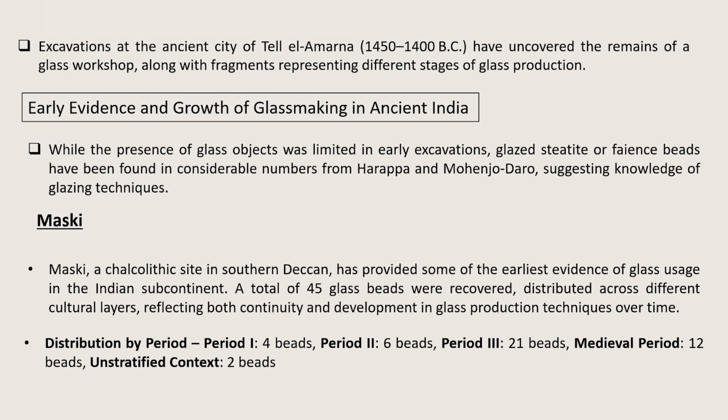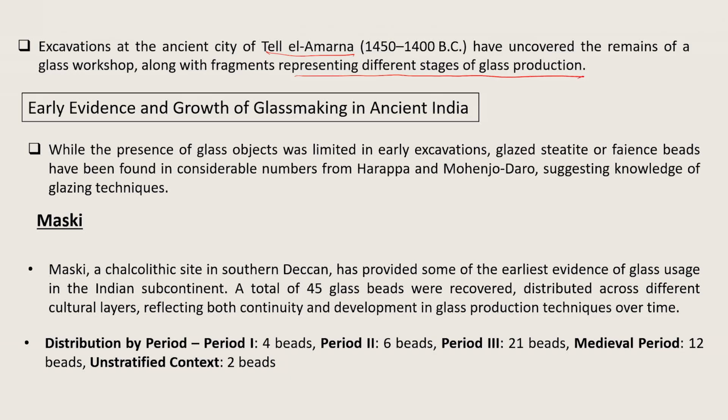Excavation at the ancient city of Tel el Amarna, 1450 to 1400 BC, has uncovered the remains of a glass workshop along with fragments representing different stages of glass production.